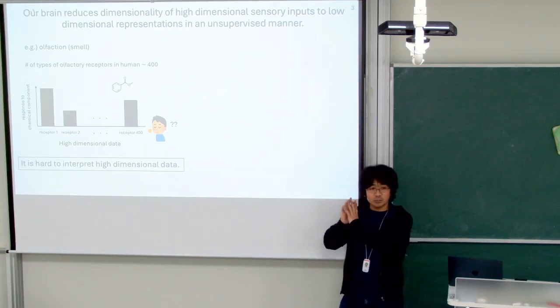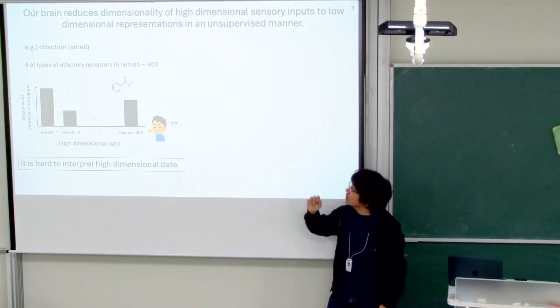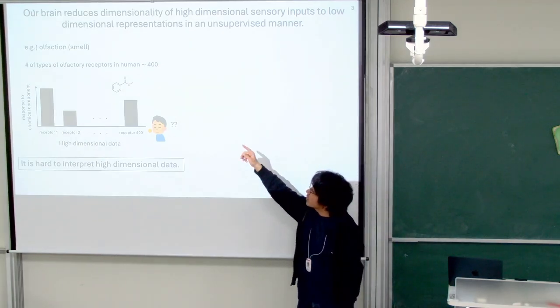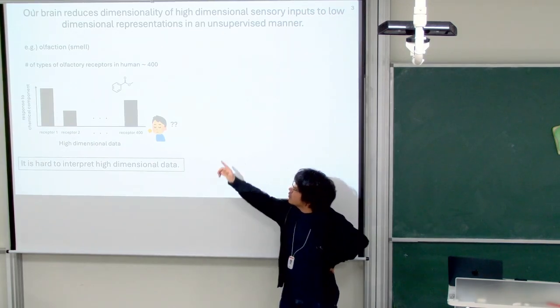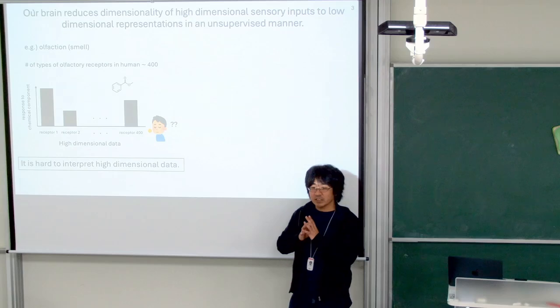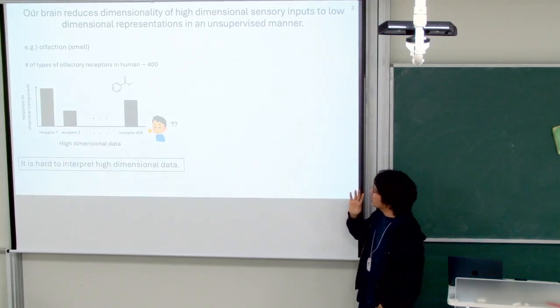Our sensory input is high-dimensional data. For example, in olfaction, it means smell. The number of types of olfactory receptor in humans is around 400.